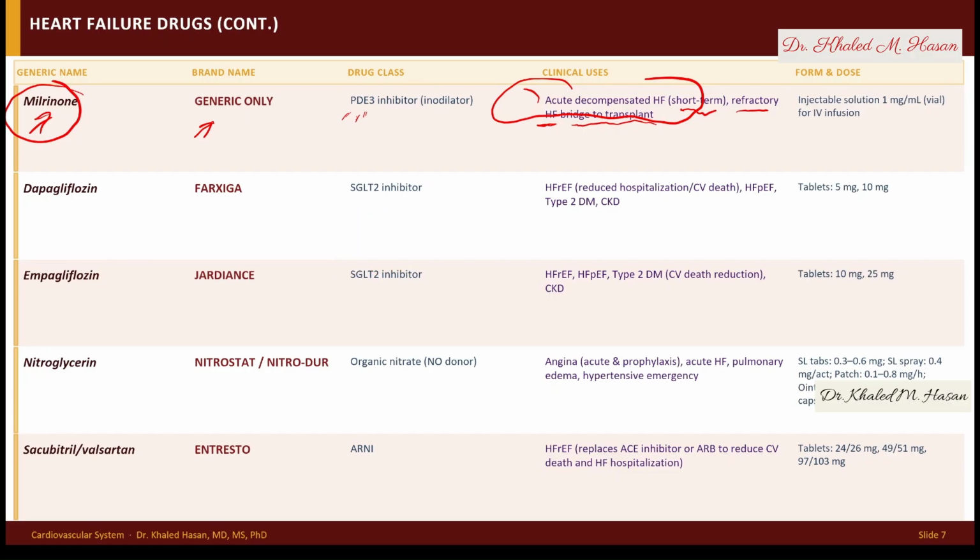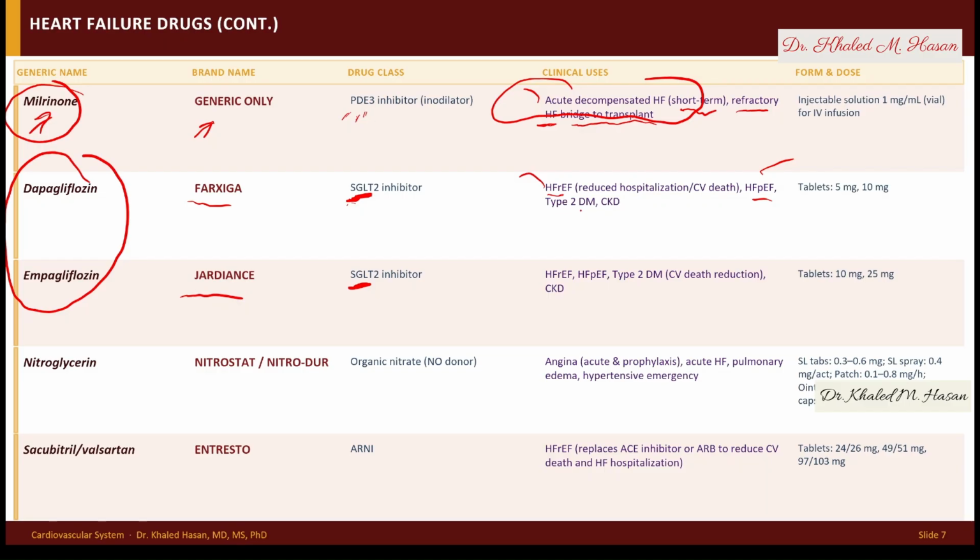Dapagliflozin and empagliflozin, two medications, belong to the sodium glucose transporter inhibitors. Dapagliflozin brand name Farxiga, empagliflozin brand name Jardiance. These medications are used for heart failure, even for HFrEF or HFpEF, so reduced ejection fraction or preserved ejection fraction.